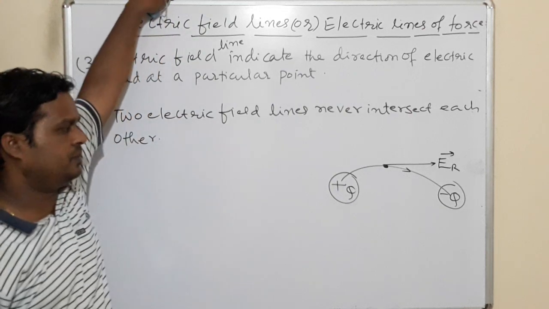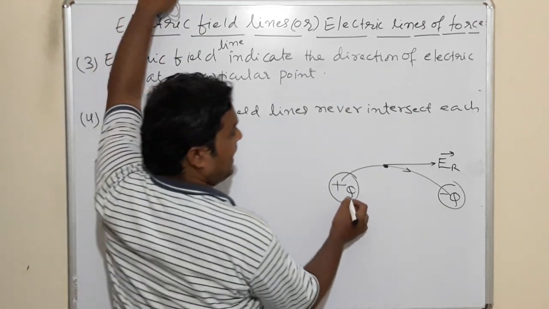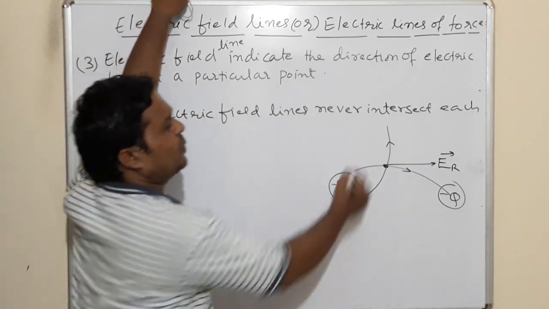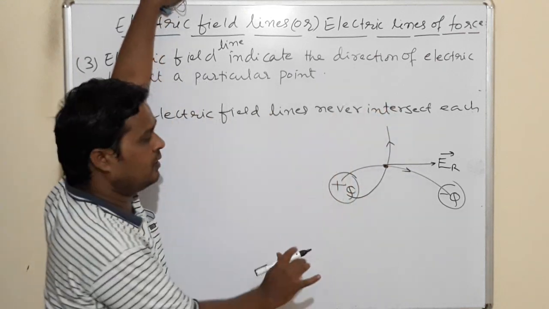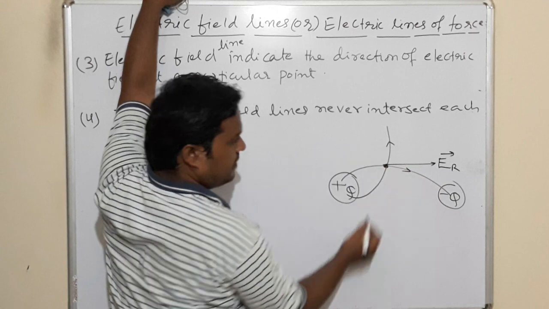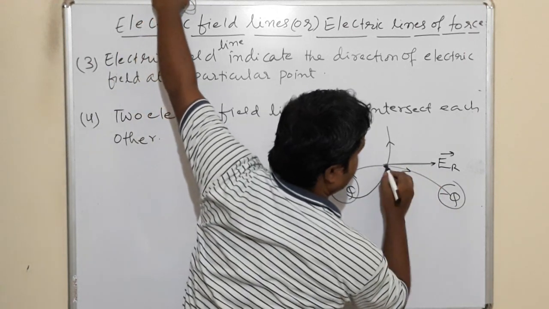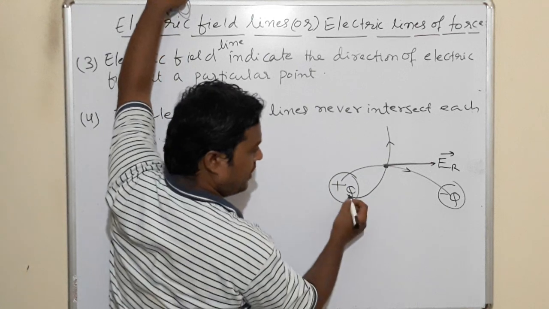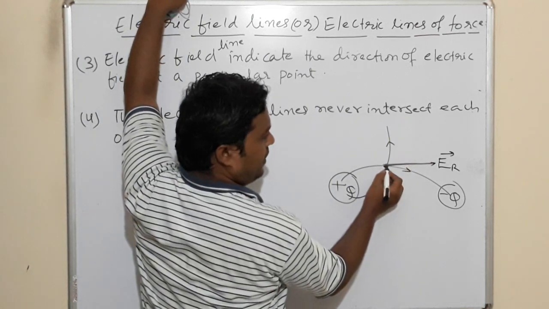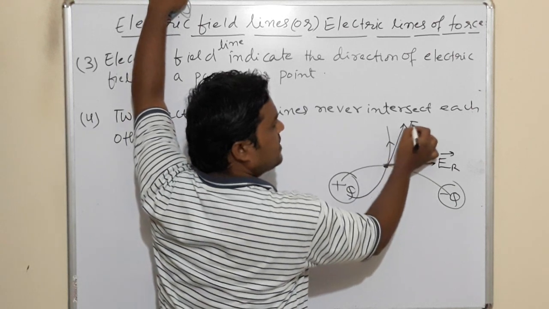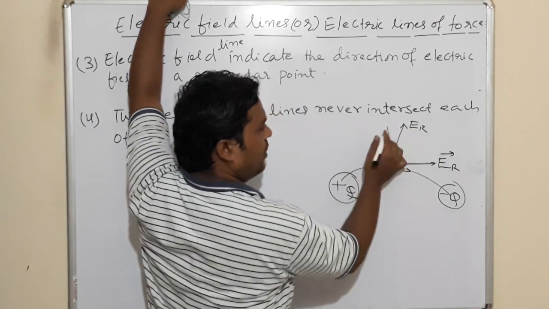If another line comes and intersects like this, due to any other charge here, then according to this line the direction is this. According to the other line, I will draw a tangent to that line, and this is the direction of the resultant according to that line.